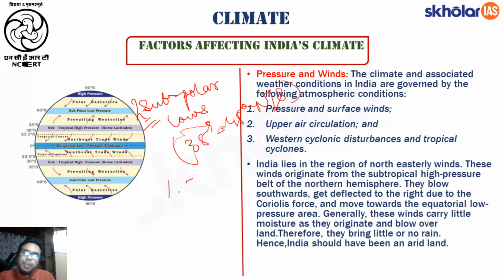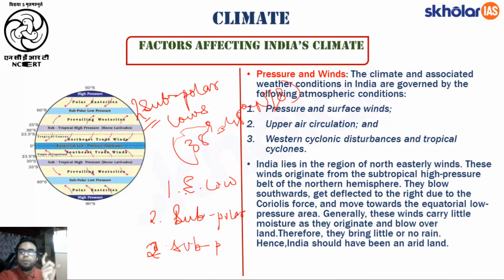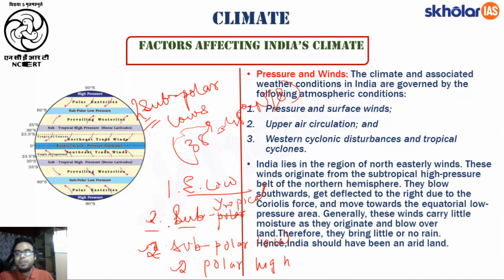We will have 1 equatorial low, 2 subtropical high pressure belts, then 2 subpolar lows, and then 2 polar highs. So, we have 1 plus 2 plus 2 plus 2, which is 1, 2, 3, 4, 5, 6, 7, right?